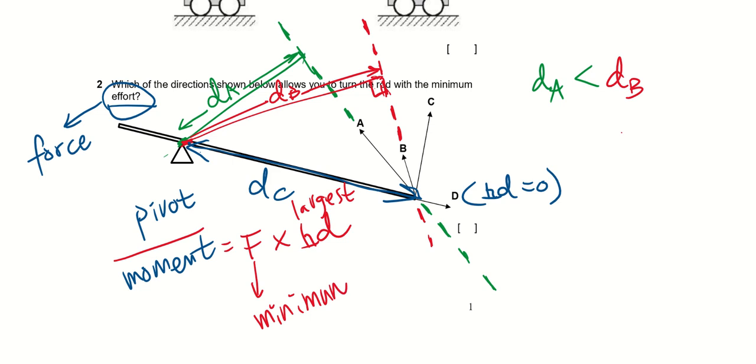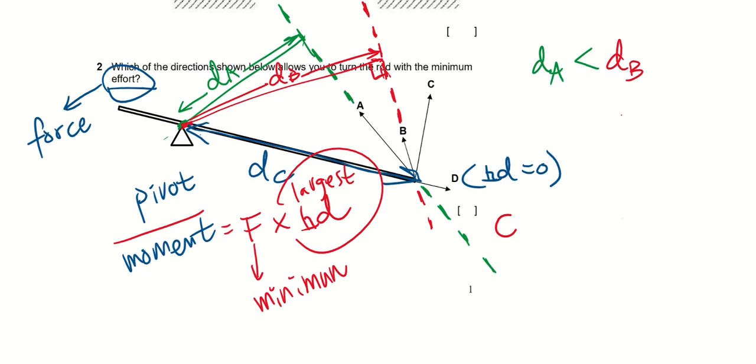The least effort, the least force. So the answer will be C, because C has the largest perpendicular distance. If I set the criteria that the rod will just turn with a certain moment, then the force with the largest perpendicular distance will be the least force required.